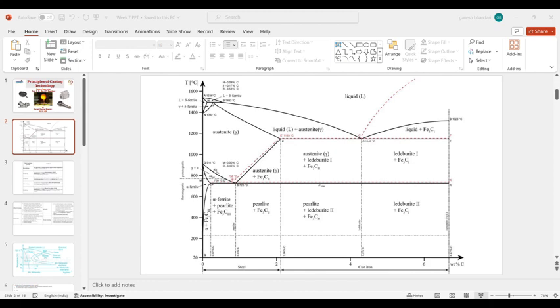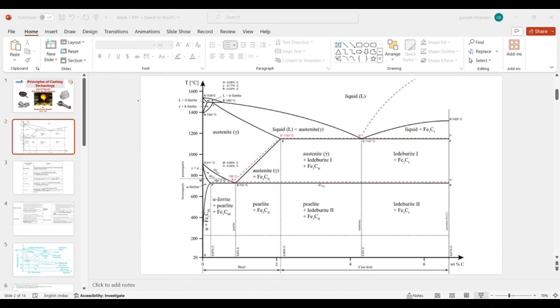Okay, so to form that bainite phase, what we have to do is go like this: we have to quench it up to this temperature and hold it like this, and then after that we are going to just normalize it.